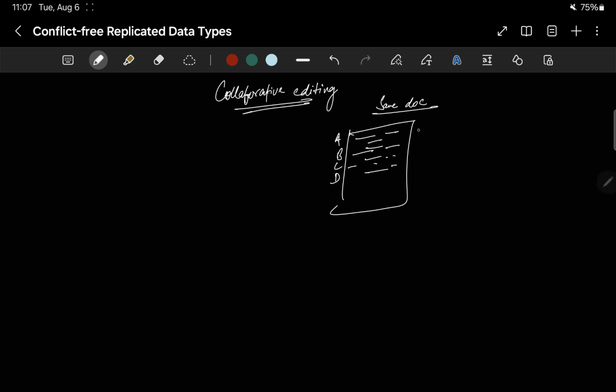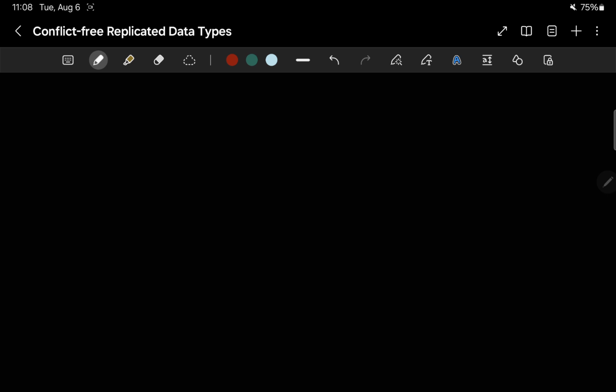It's not like, let's say, somebody writes first and somebody else writes second, then second gets displayed first, or there is some conflict. Even if multiple people work at the same time, still the conflicts don't come there, right? So these all are possible by conflict-free replicated data types.